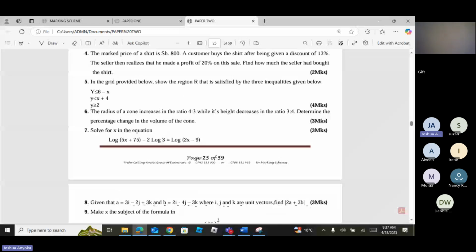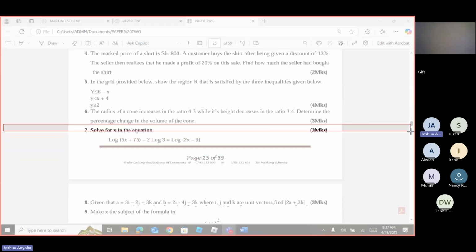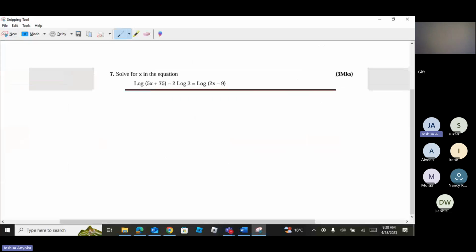It will be a repetition of concepts. This one is not very far from what we have worked out. But let me see the responses. Question 7. I want you to work it out and get me the response.